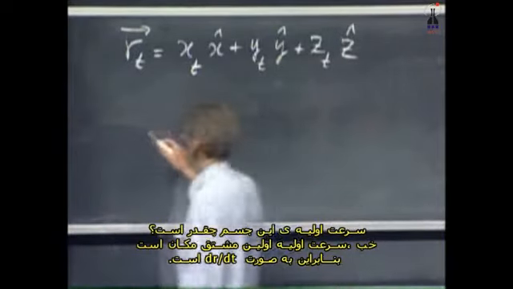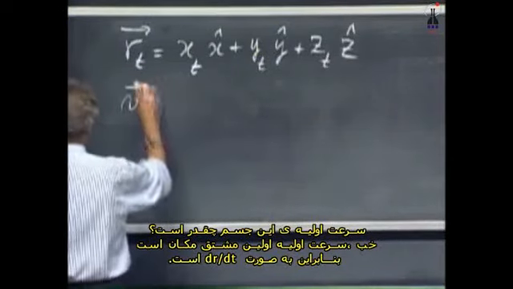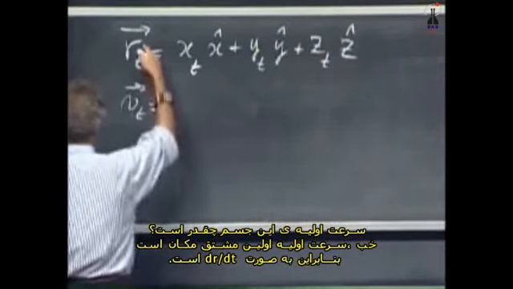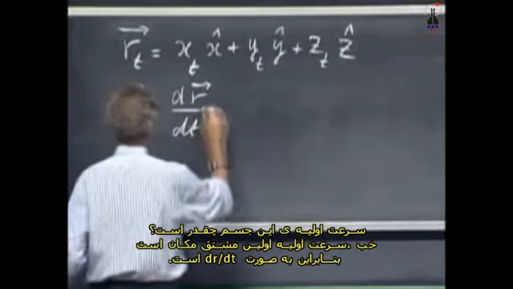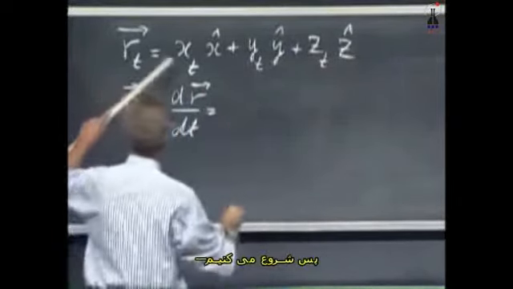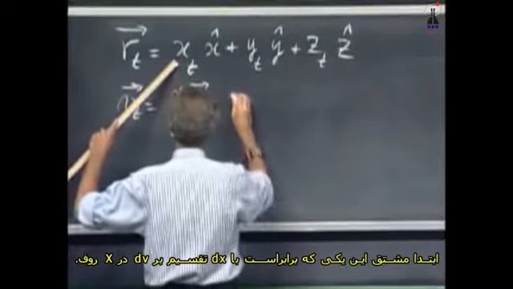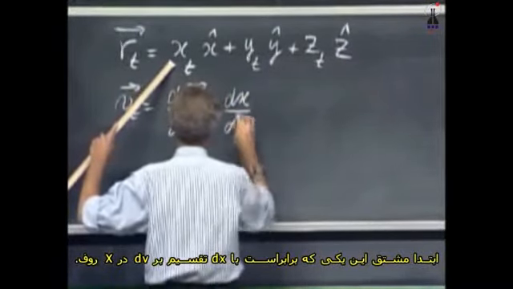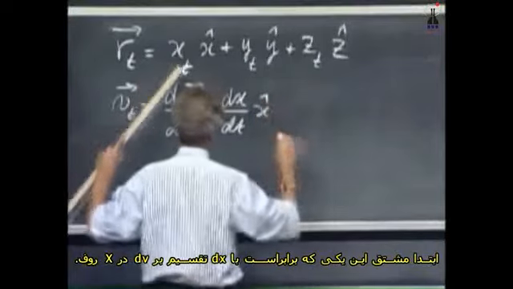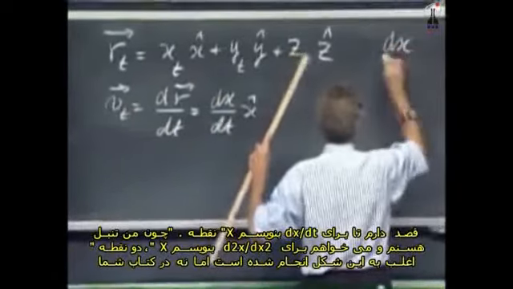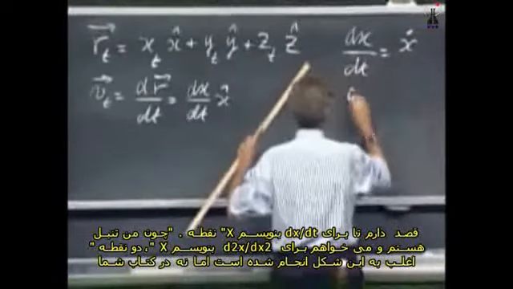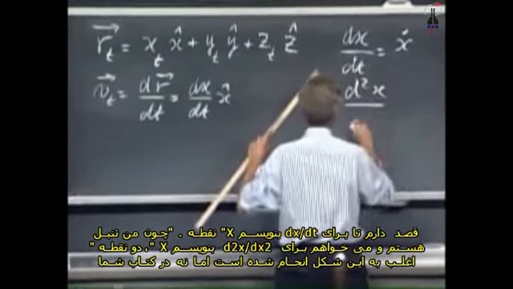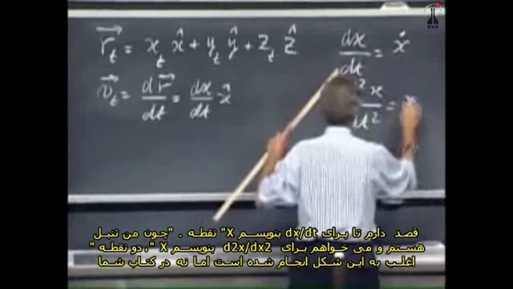Well, the velocity is the first derivative of the position. So that is dr/dt. So there we go. First the derivative of this one, which is dx/dt x roof. I'm going to write for dx/dt x dot, because I'm lazy, and I'm going to write for d²x/dt² x double dot.